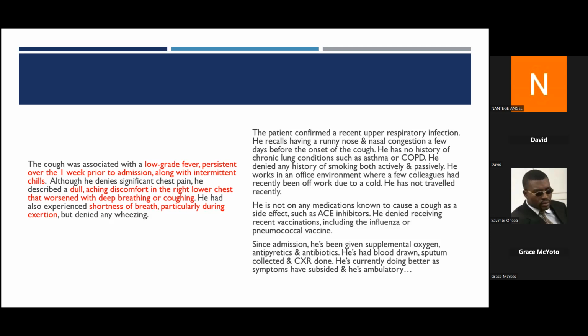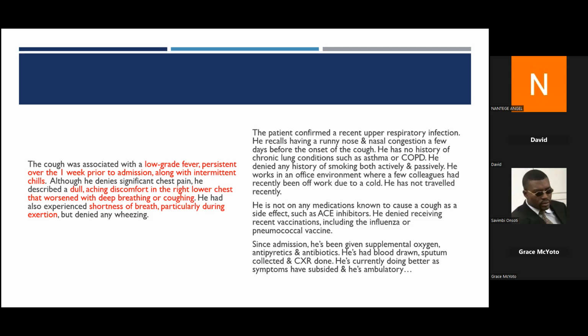So by the time you're done with this paragraph, you already have a suspect, something that brought about this condition. The runny nose and nasal congestion point towards the flu. And now this starts to paint a picture of a pneumonia.